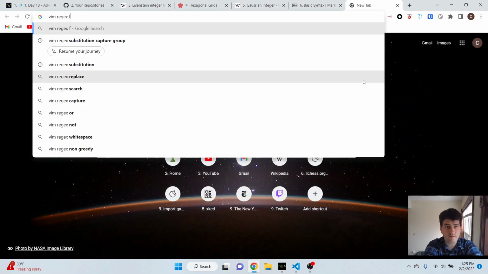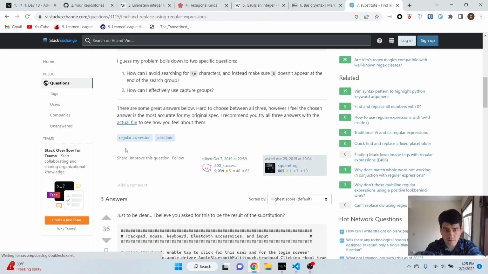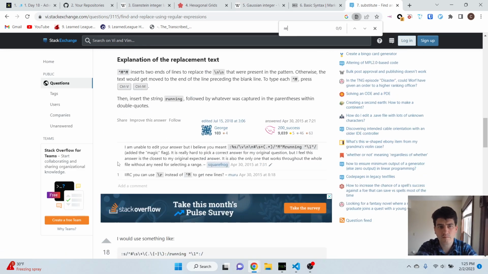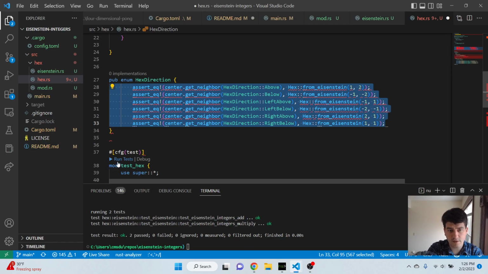There, regex, find, replace. Just a normal substitution command. Looks like it's normal regex.